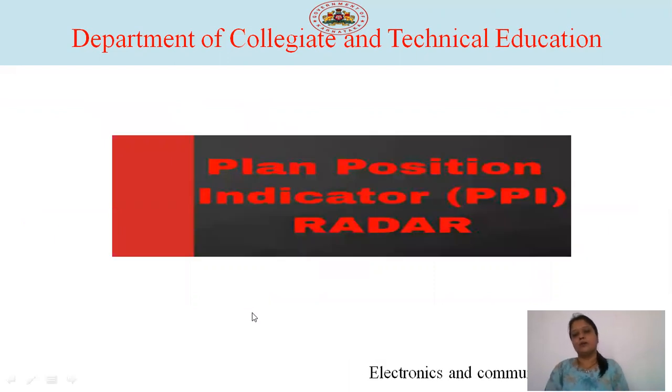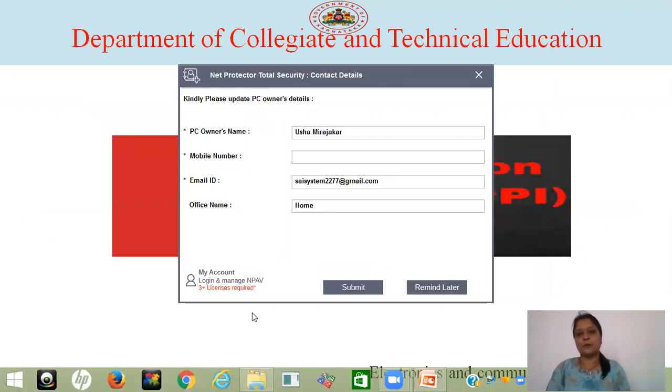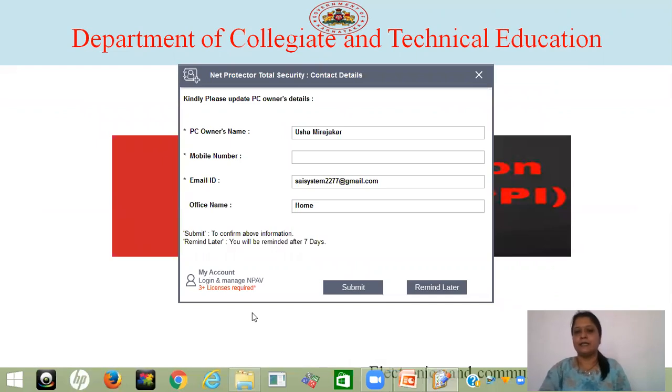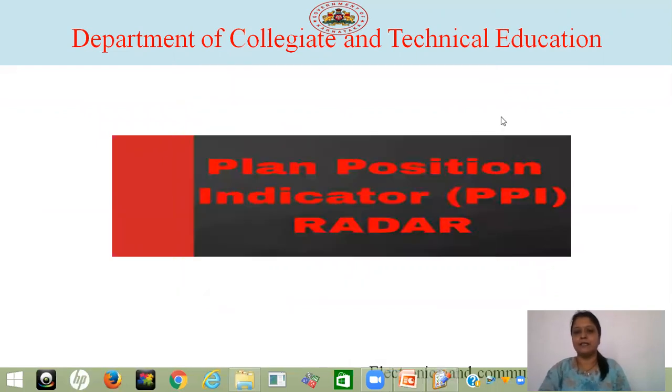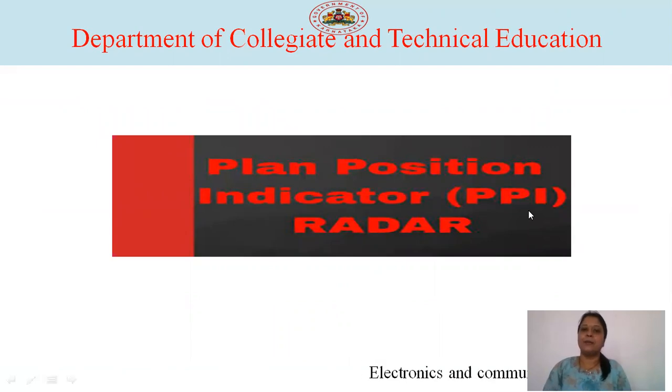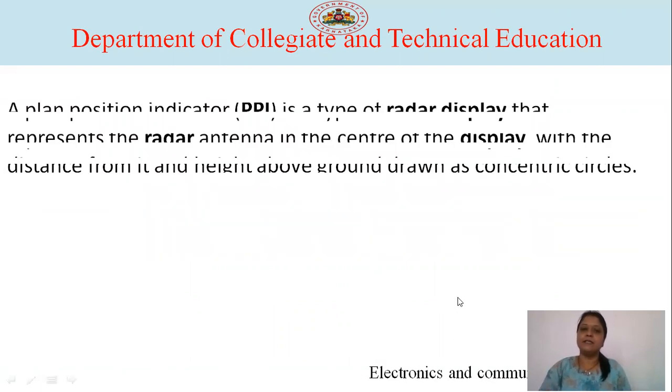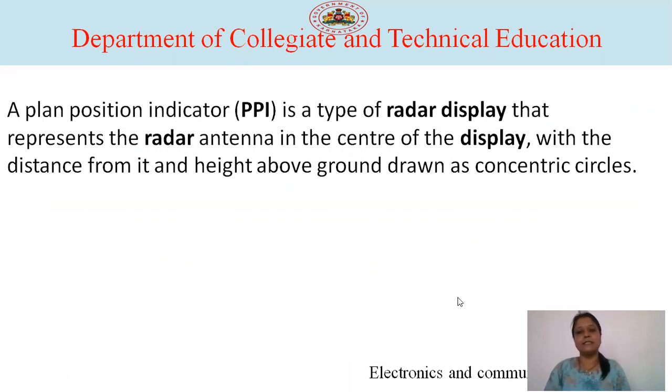Now, we'll move on to the next one, that is the plan position indicator, called the PPI display. This PPI display makes use of the intensity modulation technology. In case of the A-scope display, it is the deflection modulation type of technology.